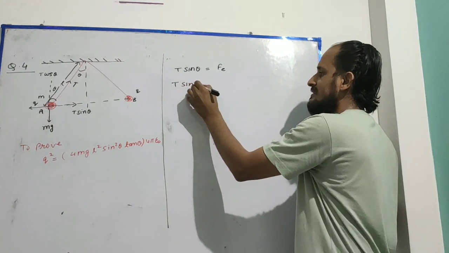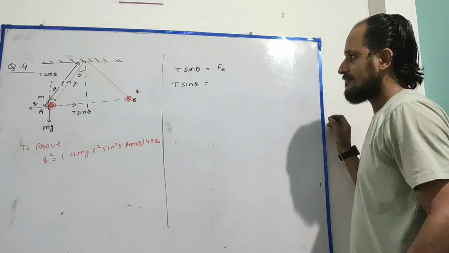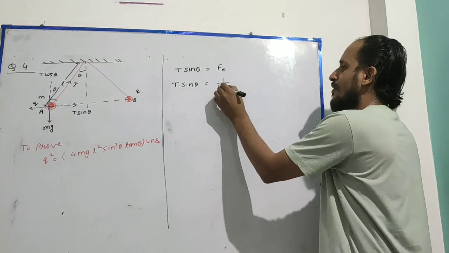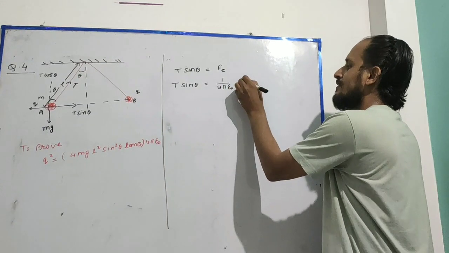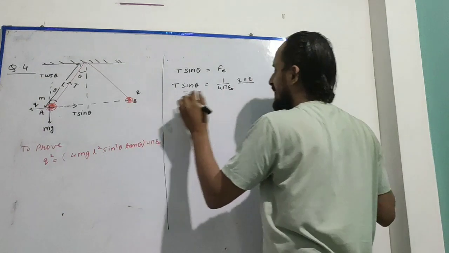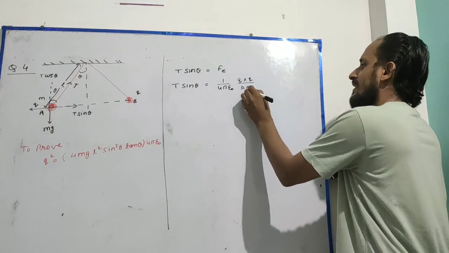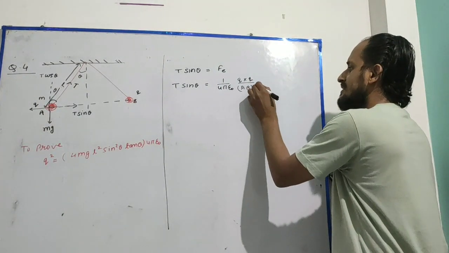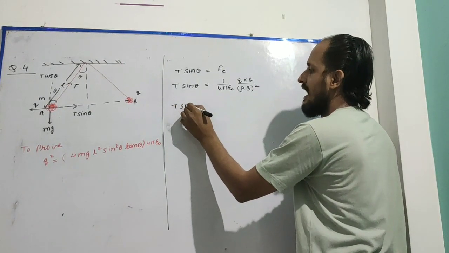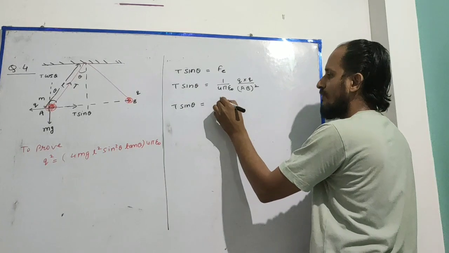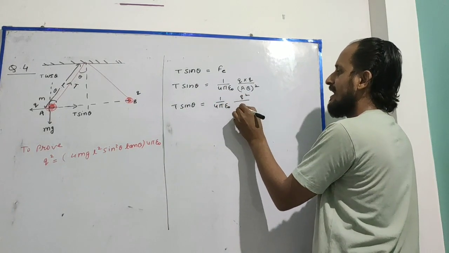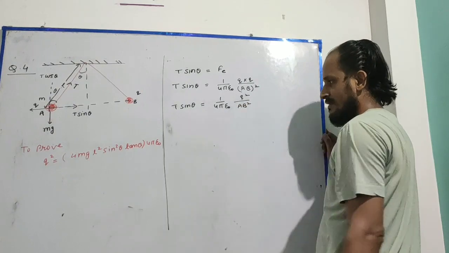So T sin theta is equal to 1 upon 4 pi epsilon naught q into q upon the distance between both the charges, AB, square. T sin theta is equal to 1 upon 4 pi epsilon naught q square upon AB square.